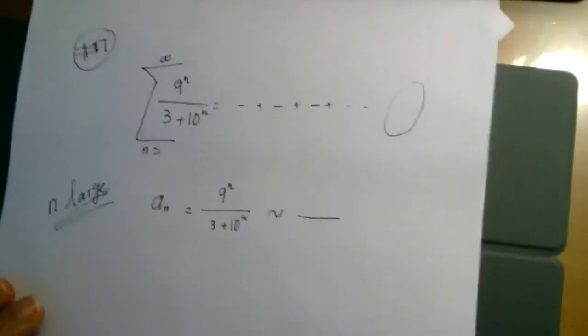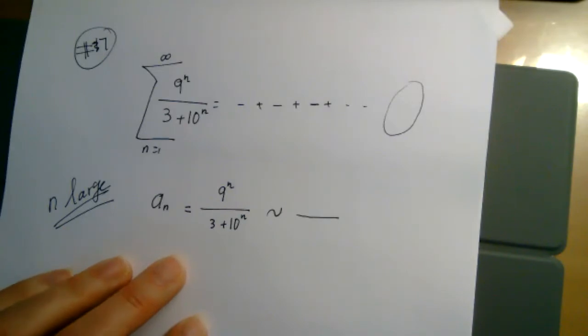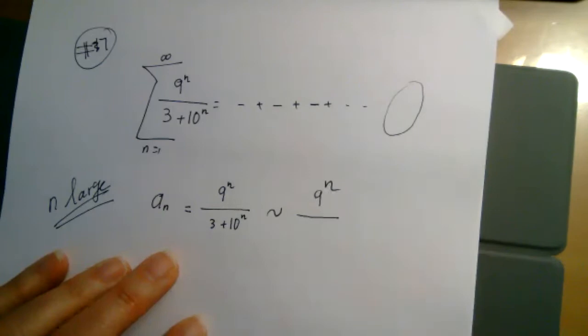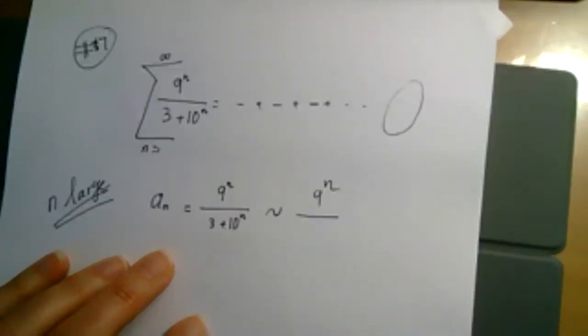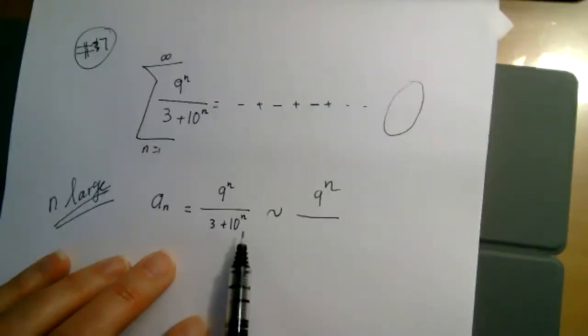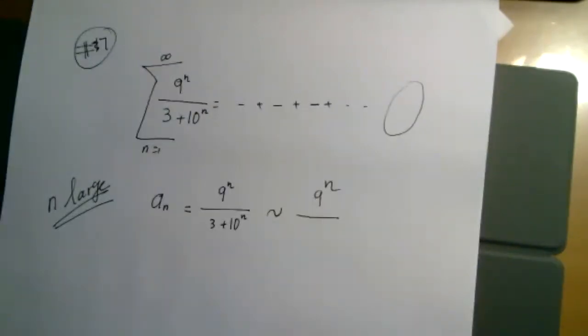So now, the top is 9 to the n. There is nothing I can do about it. What about the denominator, 3 plus 10 to the n? When n is very large, 10 to the n is huge, so compared to it, I can basically drop the 3.